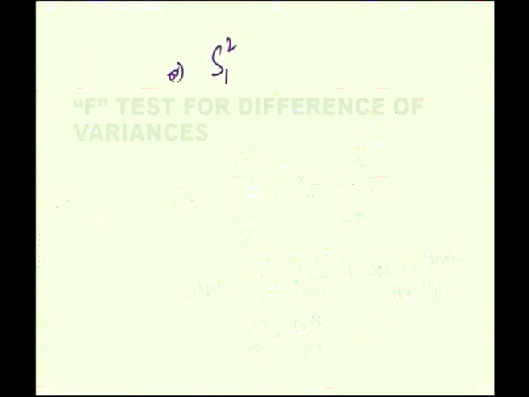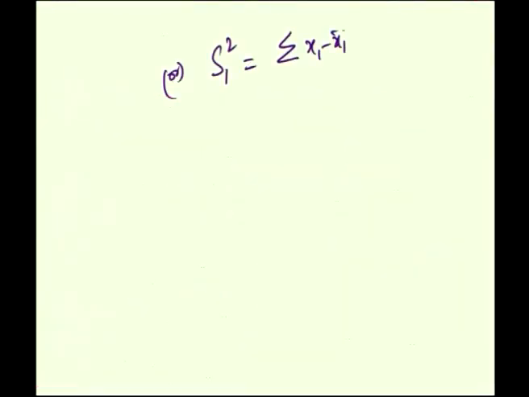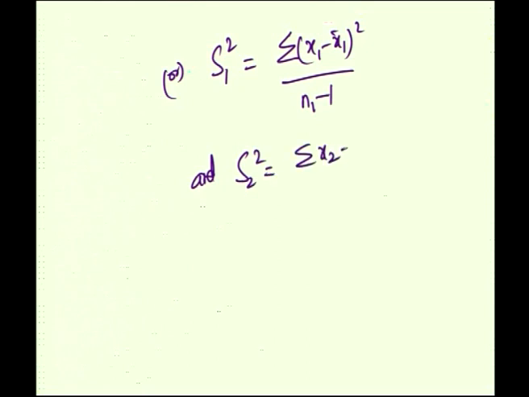Otherwise, capital S1 square is equal to summation x1 minus x1 bar whole square by N1 minus 1, and S2 square is equal to summation x2 minus x2 bar whole square by N2 minus 1. Now, this is the formula.